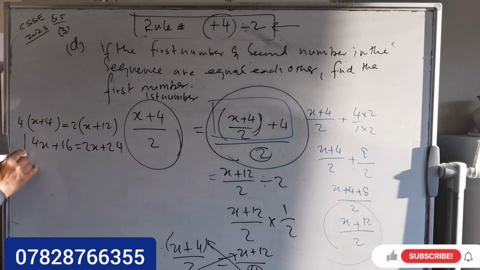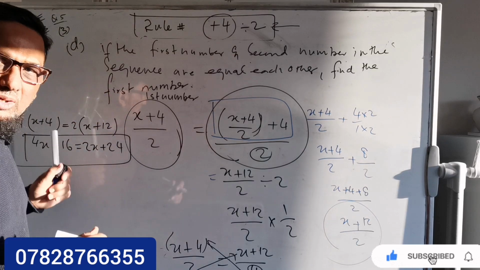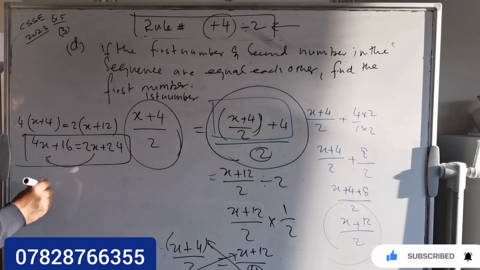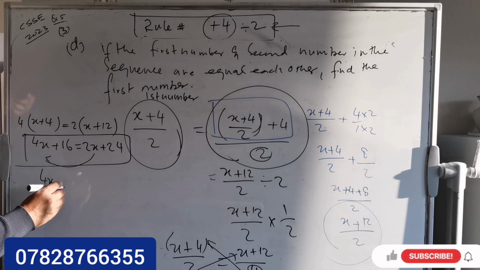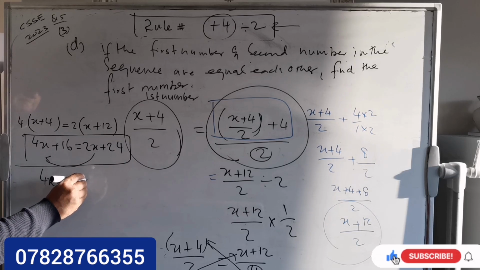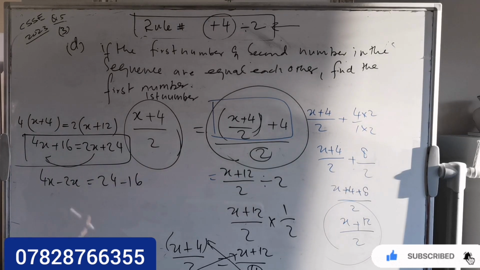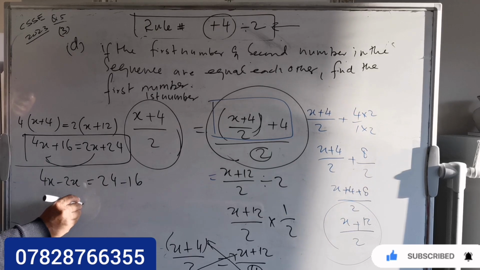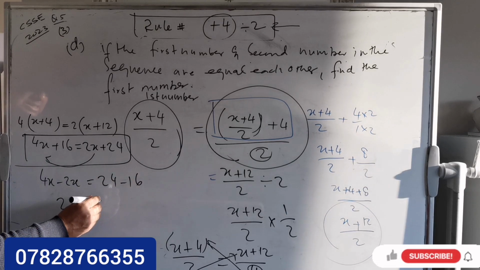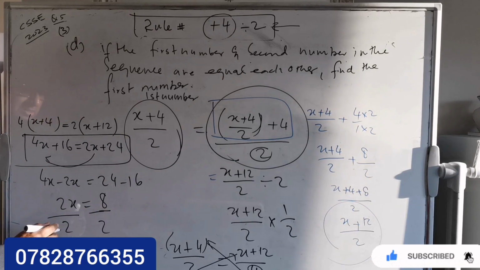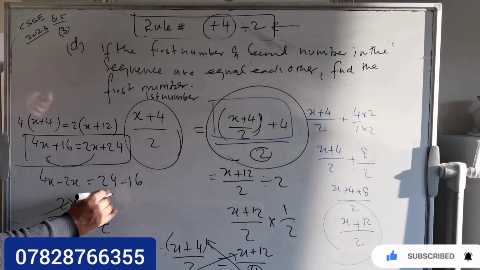As in any equation, you can see x on both sides; you can go back and check my video. If you have 4x and 2x, move the lower one to the higher side. So 4x minus 2x is 2x, and 24 take away 16 is 8, and divide by 2. 2 cancels with 2, and 2 times 4 is 8.